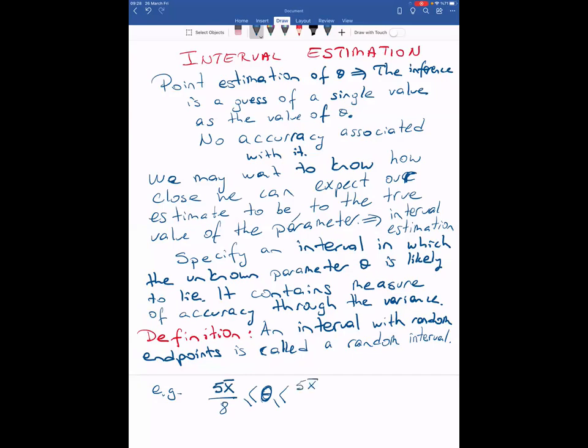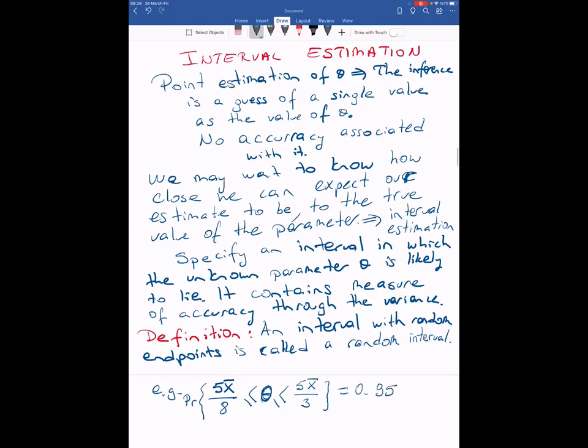Okay, so let's say we have this, and then we found this. So this is a random interval, and we ask with which probability our theta might lie between this upper and lower bound. So we have to consider their probability. And when we calculate it, let's say it is 95%.